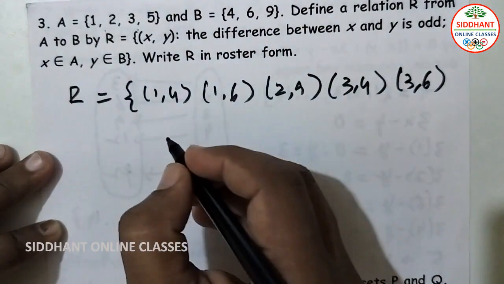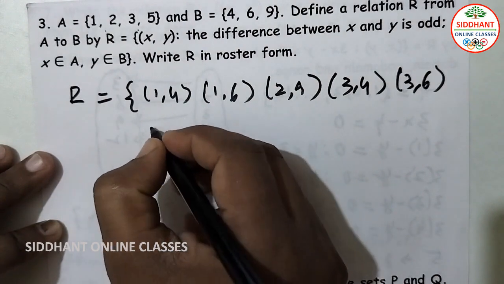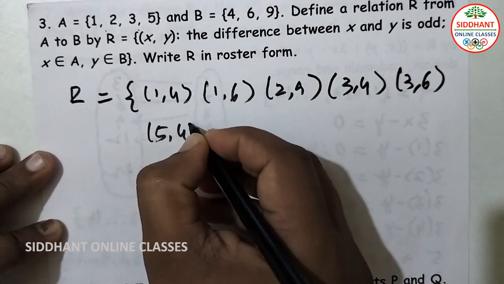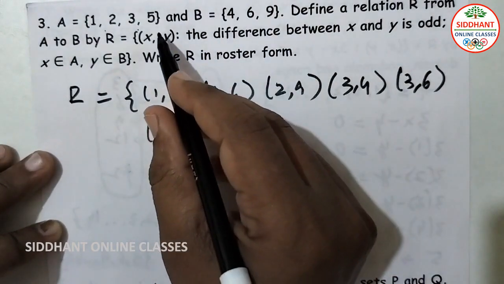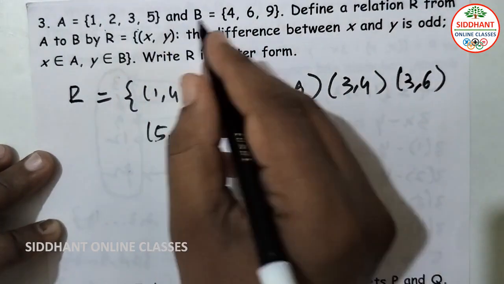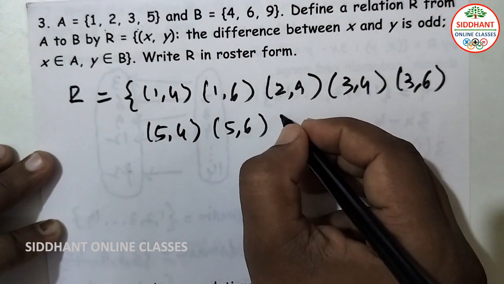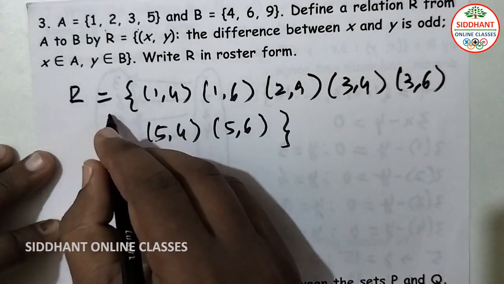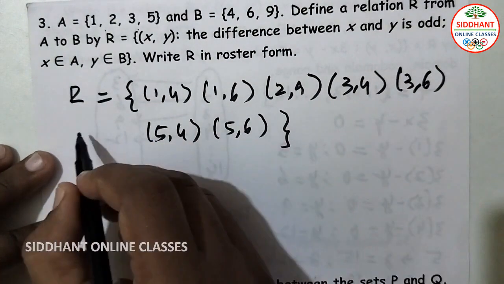Next 5 and 4: odd. 5, 6: odd. 5, 9: even. So this is the roster form.